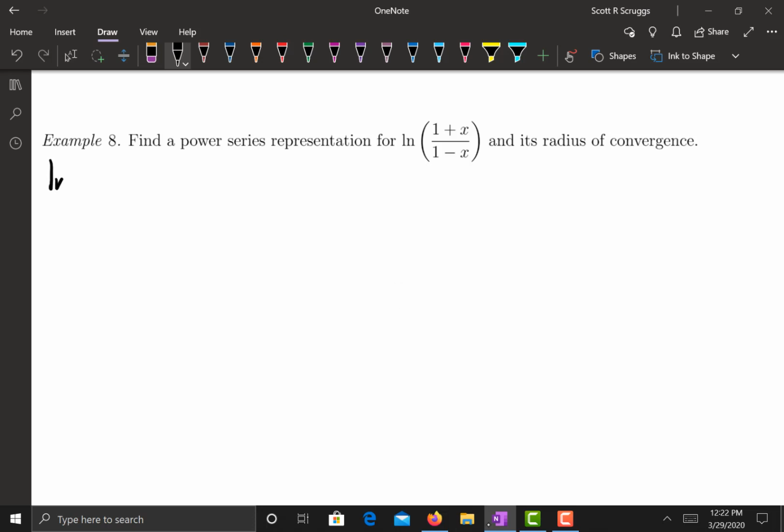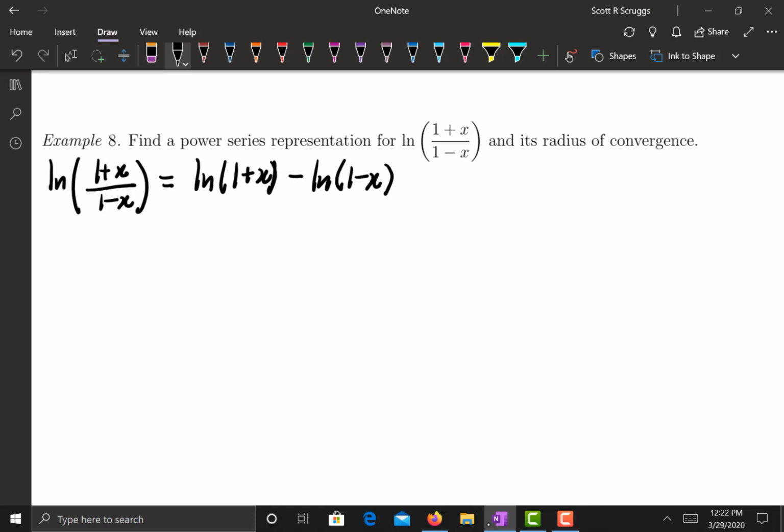So the first thing that I want to note is natural log of a quotient is the same as taking natural log of the numerator and subtracting the natural log of the denominator. So I'm going to note that.